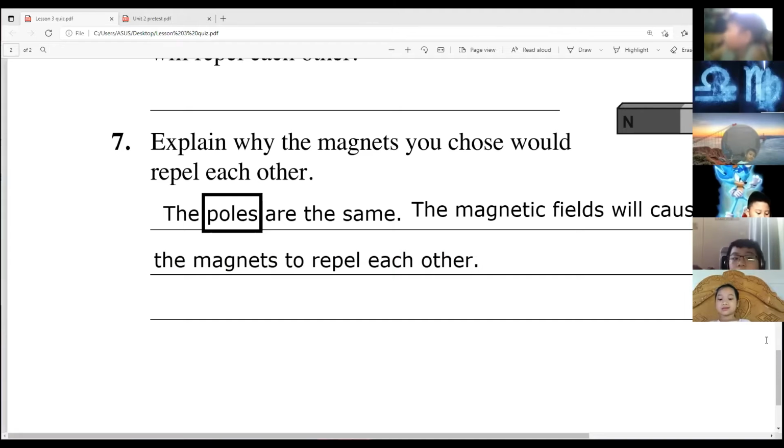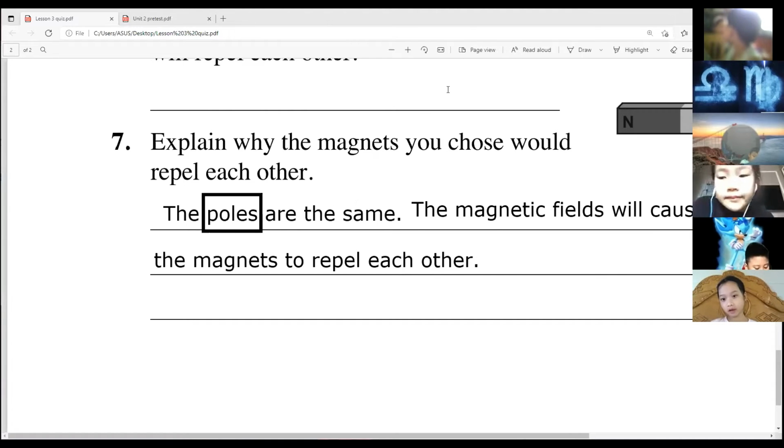What did you write for this? Do you remember? I wrote, because the poles are the same. Okay, so because the poles are the same.